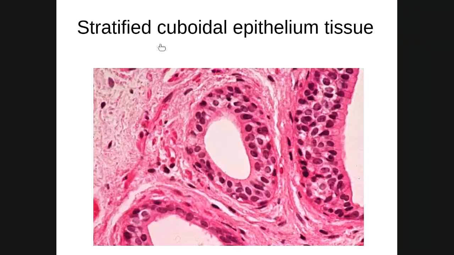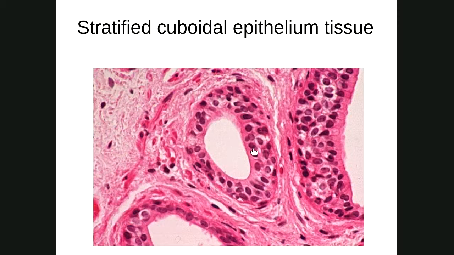All right, stratified cuboidal epithelium. Okay, you can see now this isn't the best. It's not the worst, but it's not the best. These epithelial cells are going to be cuboidal in shape, because you can see there's a nice spherical round nucleus.